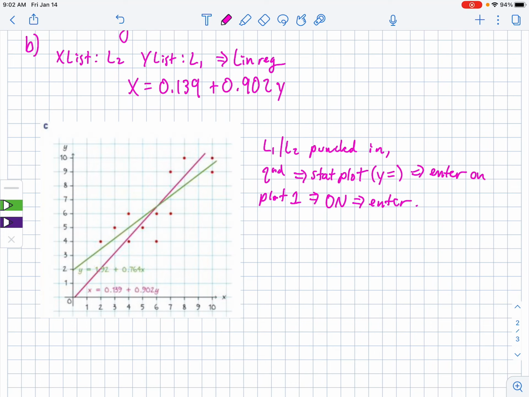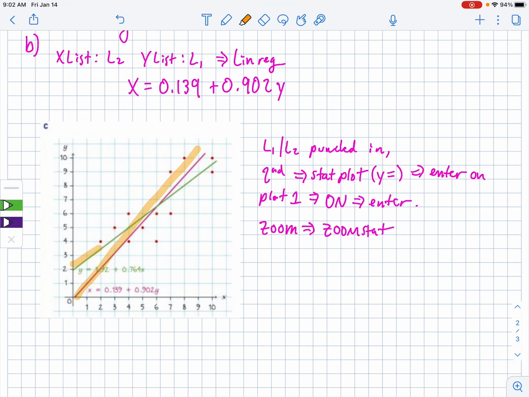Then to be able to see the nice stat plot of it, you hit zoom, and then arrow down to zoom stat. It's like another number 9 or something. Then that'll show you a nice scatter plot of the L1 and L2 that you punched in.